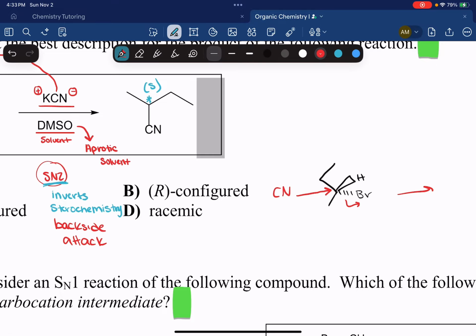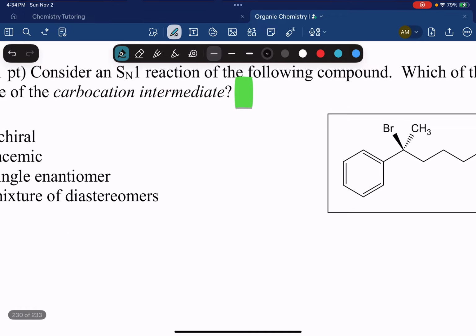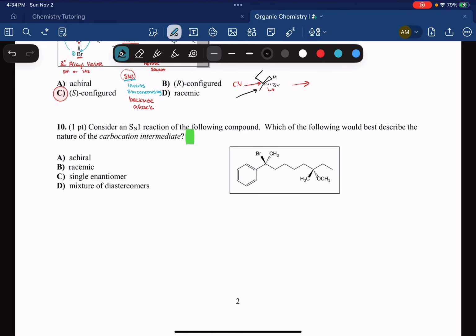And then it ends up giving you... I feel like that wasn't a very good drawing. I'm not sure how to draw it out for you guys. I apologize. But basically, think of it as it rams it so hard that it inverts it. Like, it flips it backwards. That's how I used to think about it. But I'm saying it out loud, and it's not making a lot of sense.